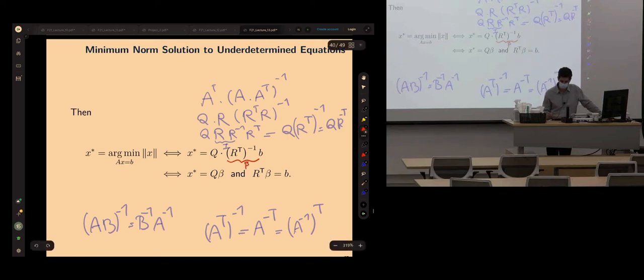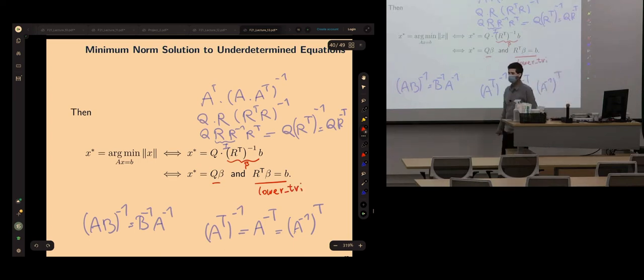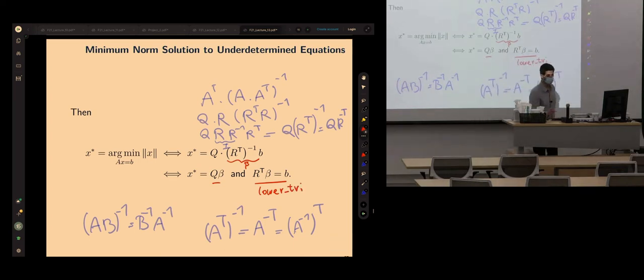This is beta. Then the solution is Q times beta, and beta, because R is invertible, satisfies R transpose times beta equals B. Now, R is upper triangular, so R transpose is lower triangular. We do a forward substitution, we find beta, and then we solve for the minimum norm solution. So QR actually makes it very easy to solve the minimum norm solution.